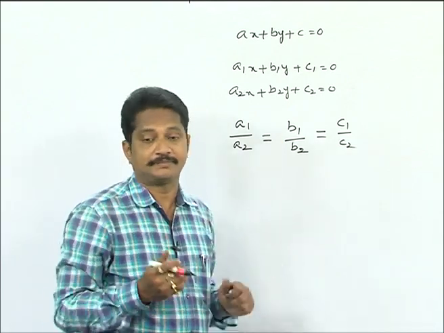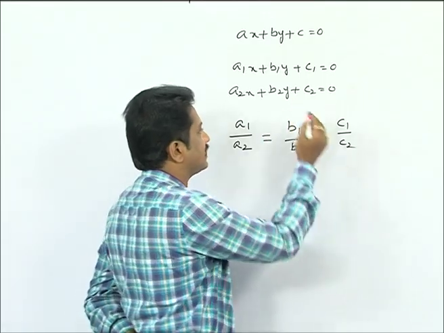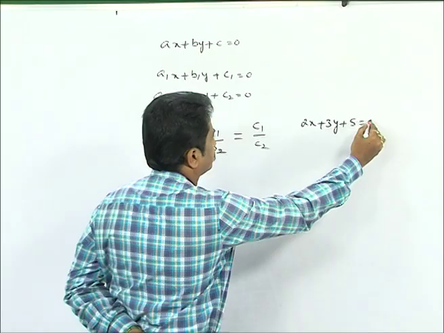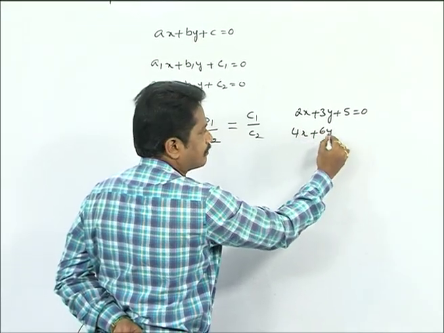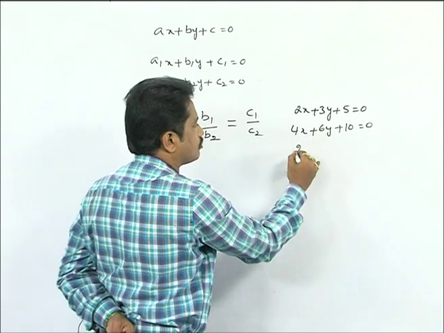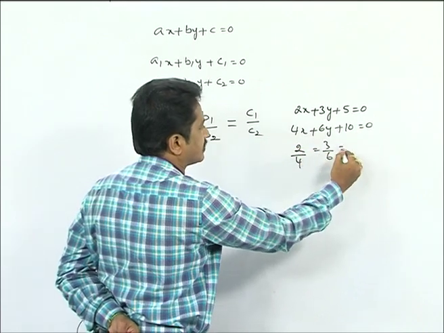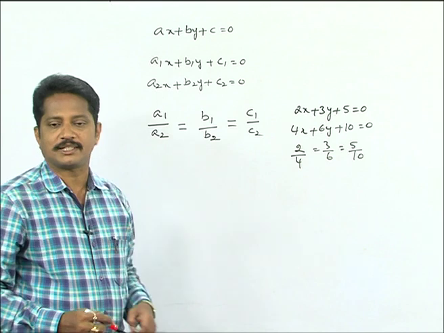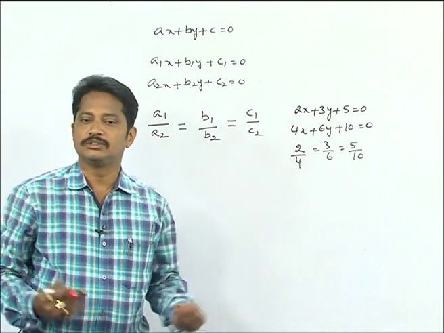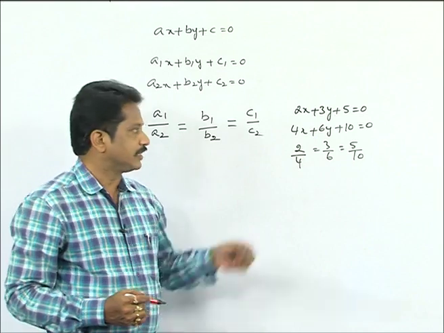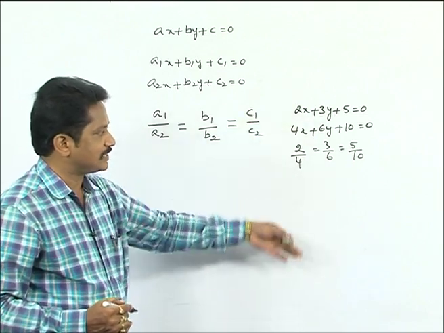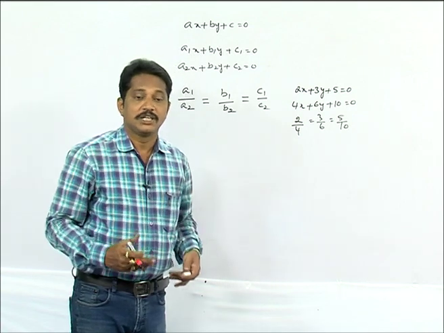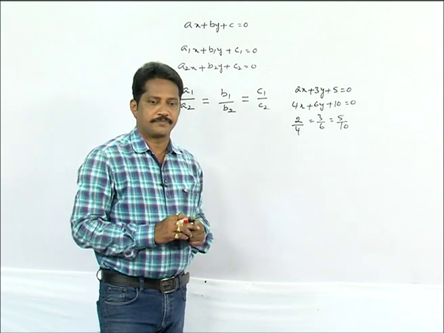Then what will happen? I am taking a general example for this: 2x plus 3y plus 5 equal to 0, 4x plus 6y plus 10 equal to 0. Now, compare 2 by 4 equal to 3 by 6 equal to 5 by 10, correct? When you solve it, what is the number of solutions? If you give some x values, you will get some y values, which means here we have an infinite number of solutions.